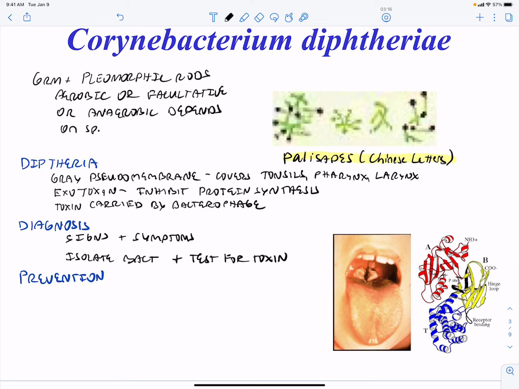Now, of course, we have a vaccine for diphtheria, and this vaccine targets the toxin. So this is the DTaP vaccine, which stands for diphtheria, tetanus, and acellular pertussis.